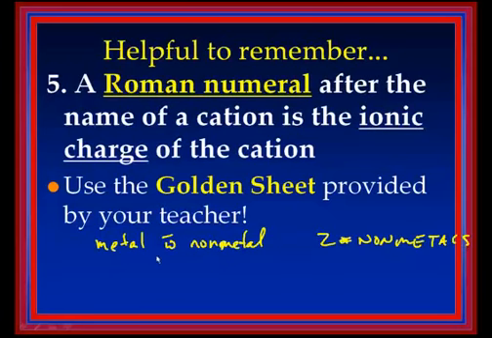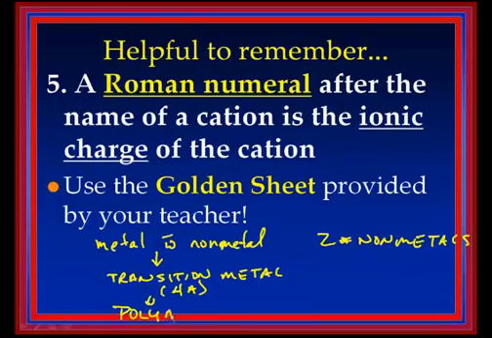If it's a metal with a non-metal, okay, the next thing to ask yourself is if there is a transition metal, or a group 4A metal. Okay, the next thing to make sure you look for is a polyatomic ion. And then from there you can name it.